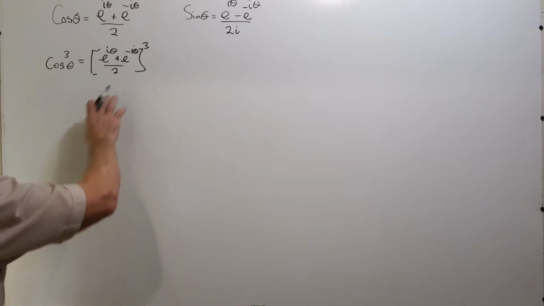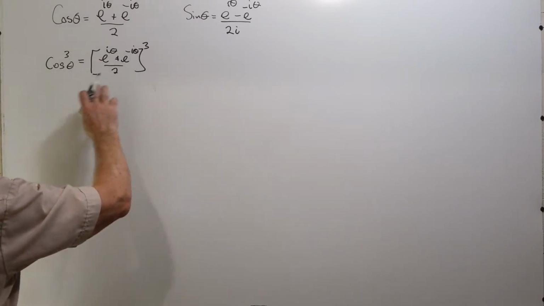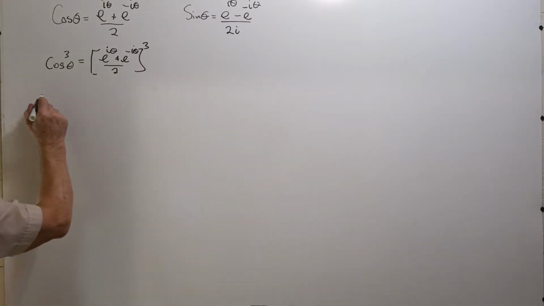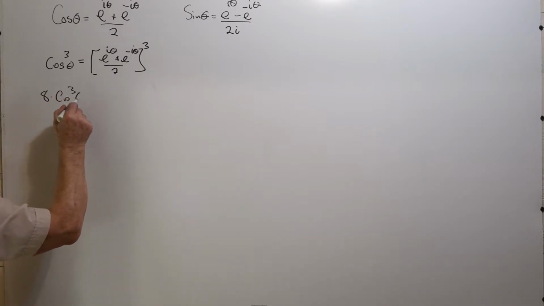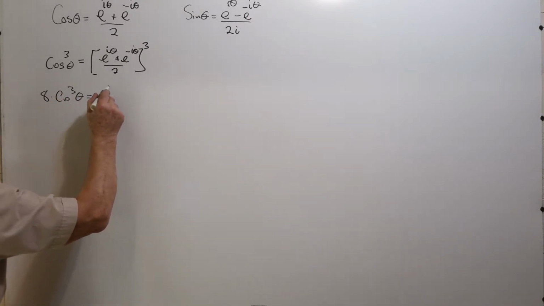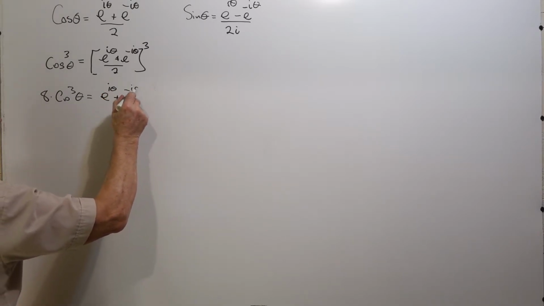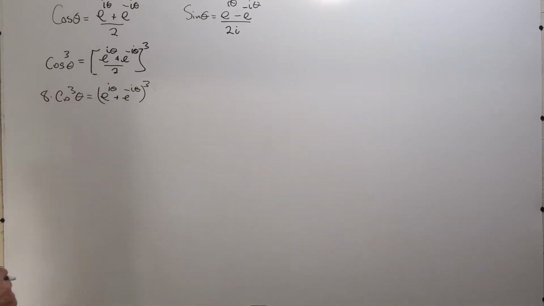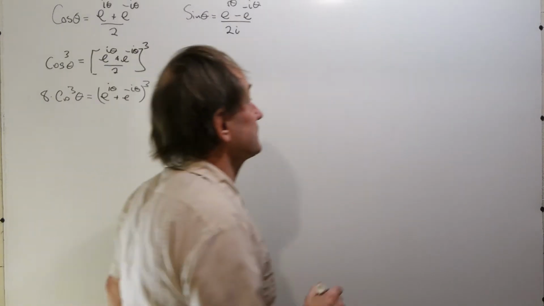Now, so I don't have to be carrying 2 along, I'm going to move it over to the left-hand side. This is 2 cubed, which is 8, so this can be written as 8 times the cosine cubed of theta, which is e to the i theta plus e to the minus i theta cubed.